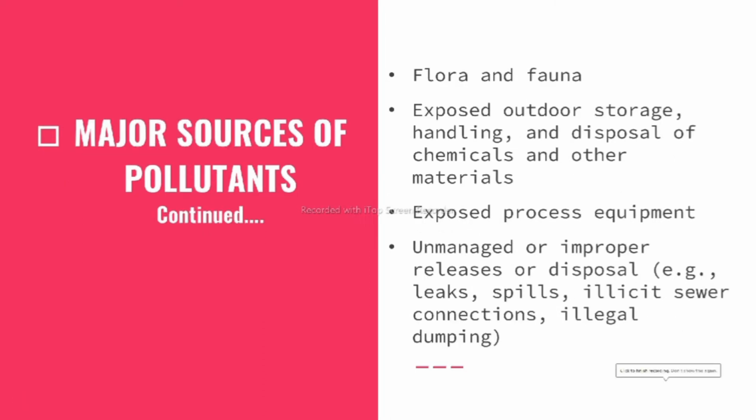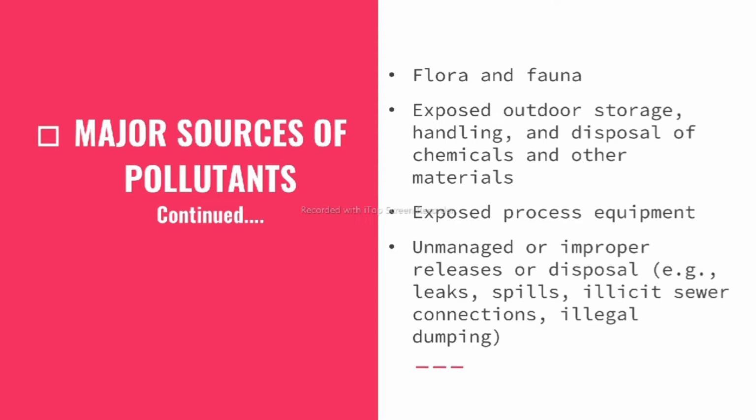Still under the subtopic of major sources of pollutants, these particular activities are associated with human activities such as exposed outdoor storage, handling and disposal of chemicals and other materials.